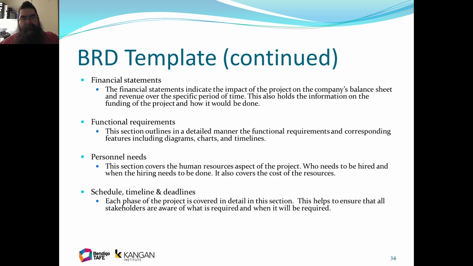Next comes functional requirements, which is details of the actual solution. So this includes any diagrams, charts, schedules that come into play. So the documentation to get the jobs done.